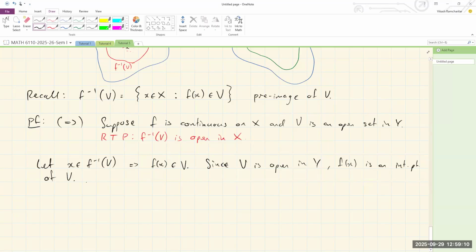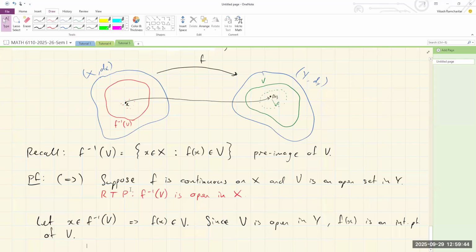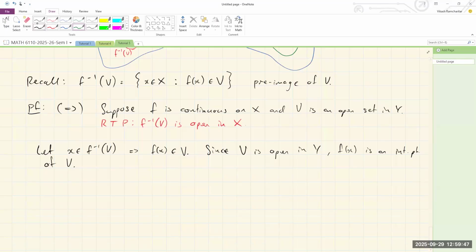It means that there is some epsilon sphere or epsilon ball that you could put around this point f of x entirely within V. So that will look like this, right? So V is open. So that means f of x is an interior point of V, which means we can put an epsilon ball around it entirely within V. So we just need to write that.